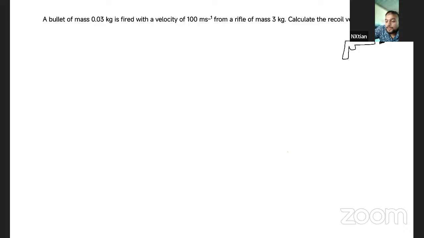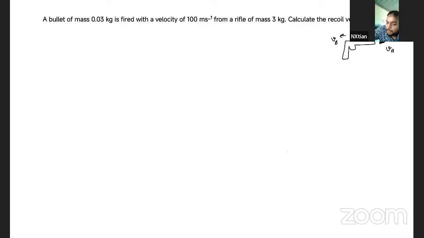If you fire the gun and the bullet comes out, the bullet velocity VA will go in that direction, and VB, which is the gun recoil velocity, will come in a backward direction. Understood, guys? Yes or no?